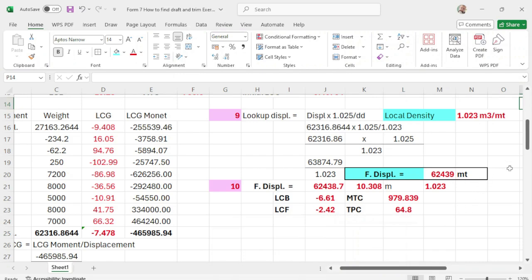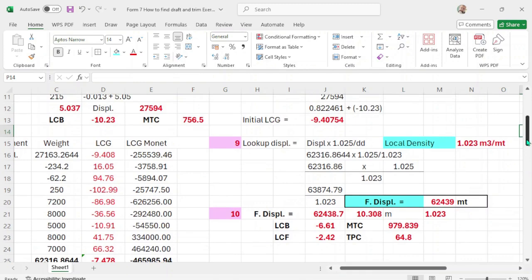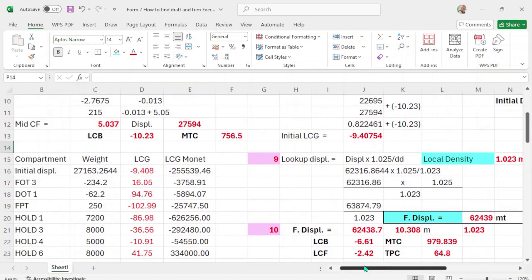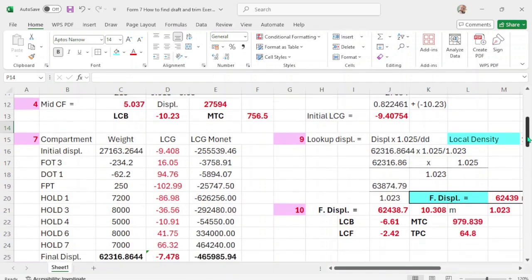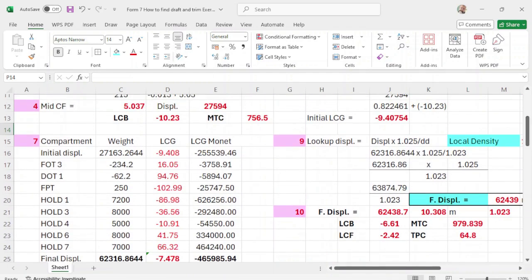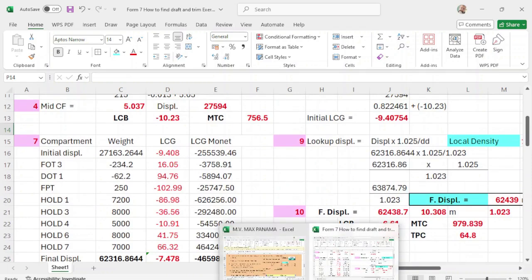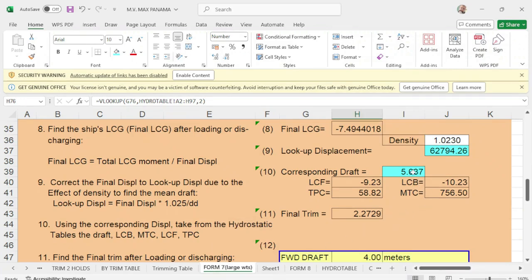I think I have here 507. Let me check, guys. This one. That's already in number 4. So this should be 10.308. This should be 10.08.